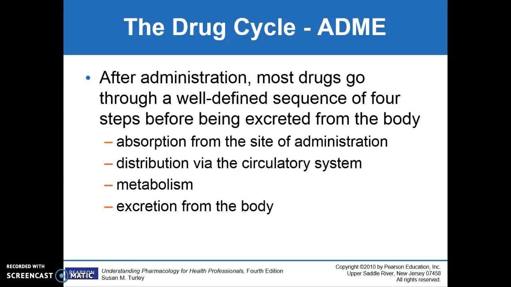Depending on how we administer that drug is going to determine how this entire process happens. How the drug goes through this cycle is going to be determined by how it's introduced into the body. That's going to be really important to look through.